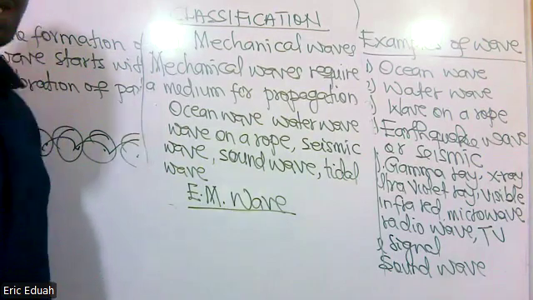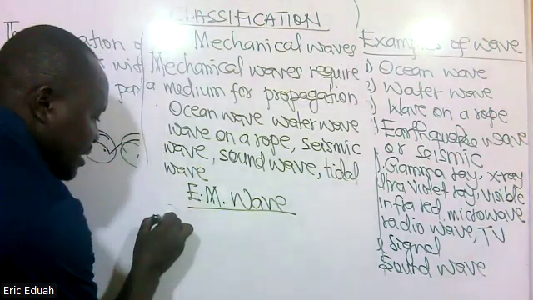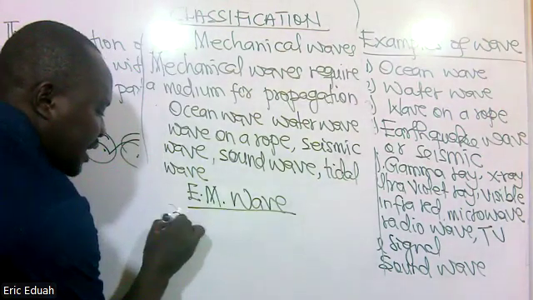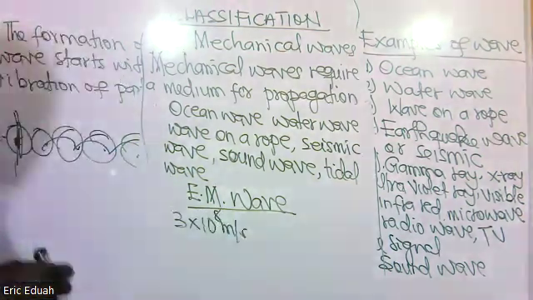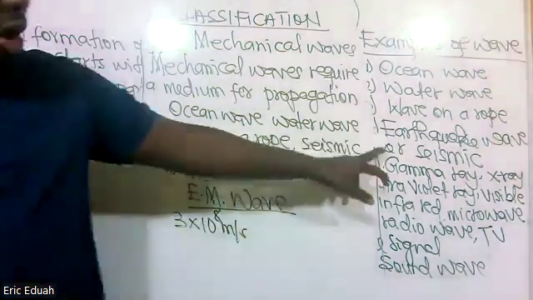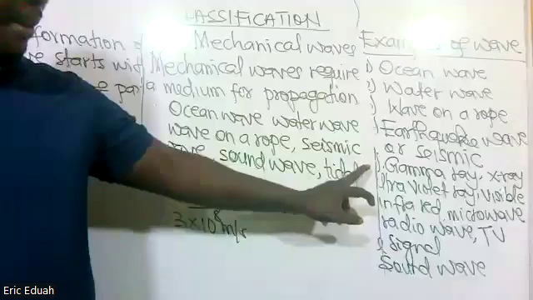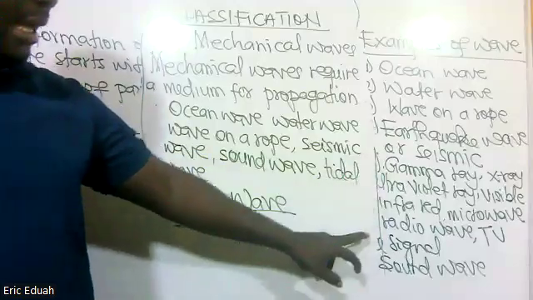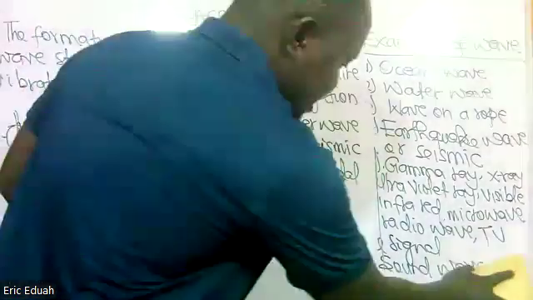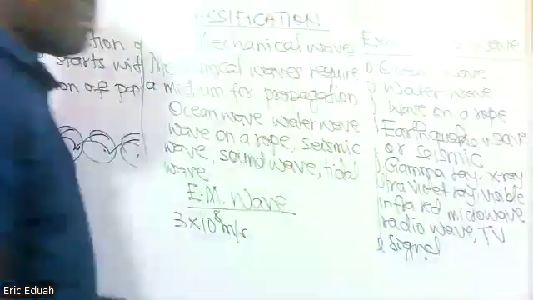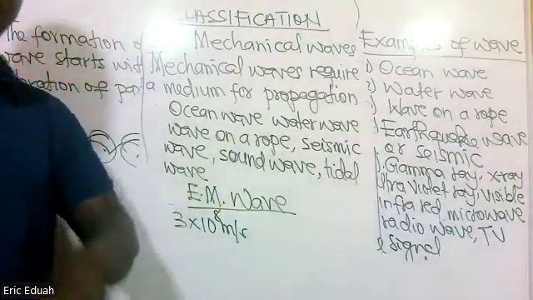So the EM waves all travel at a speed of 3 times 10 to the power 8 meters per second. So all the waves under the electromagnetic wave spectrum, from gamma, X-ray, up to TV signal, are all electromagnetic waves. And they wouldn't require any medium.